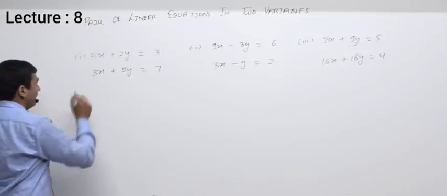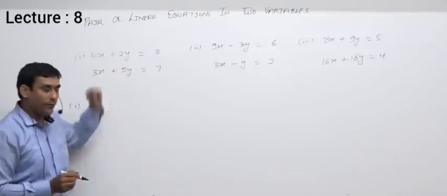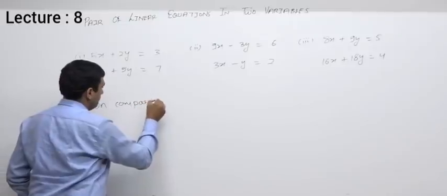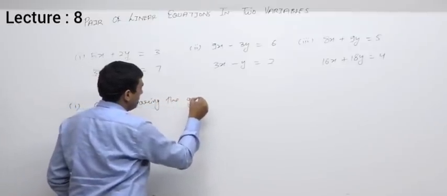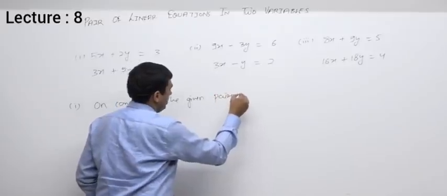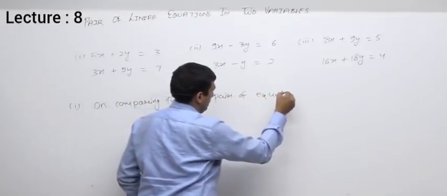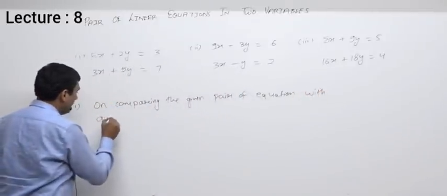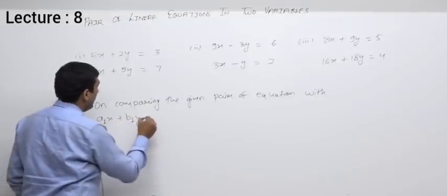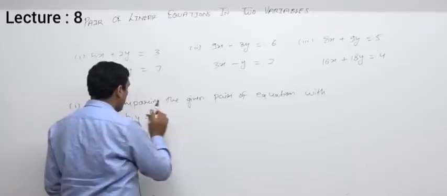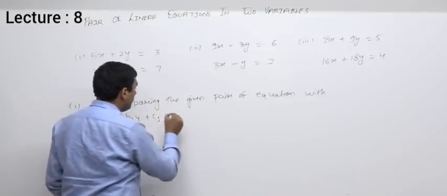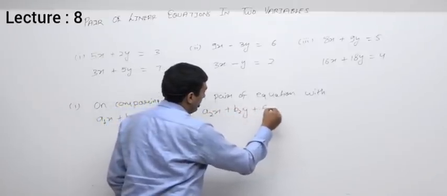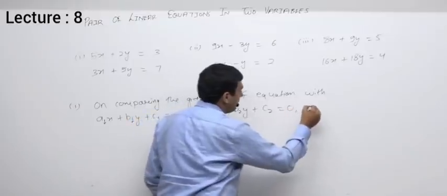So first we have to compare these two equations with the standard form. On comparing the given pair of equations with the standard form, that is a1x plus b1y plus c1 is equal to 0, and a2x plus b2y plus c2 is equal to 0, what do we get?